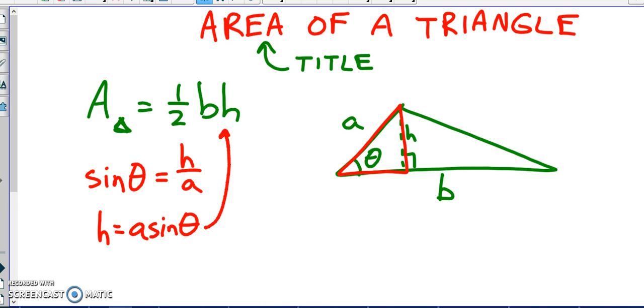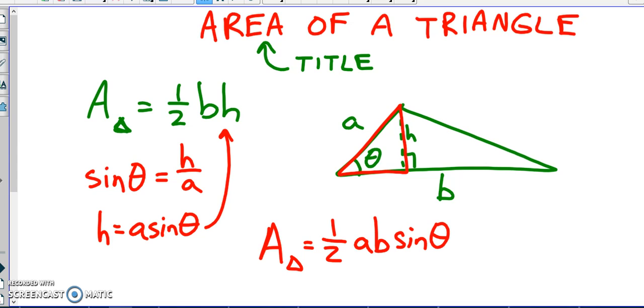And then I can plug that in for h right here, and we get the following formula. The area of the triangle is 1/2 AB sine of theta, which means that you take two side lengths, multiply them together, and then take the sine of the angle between them and also multiply by 1/2, and that's a formula for the area of a triangle.